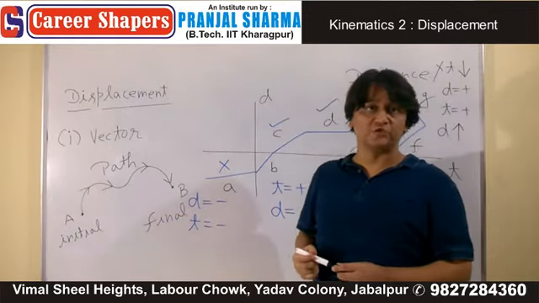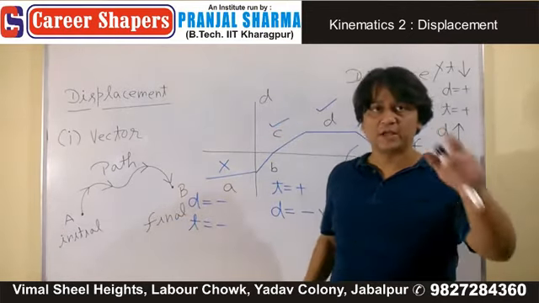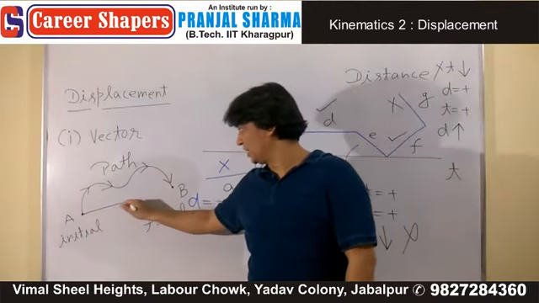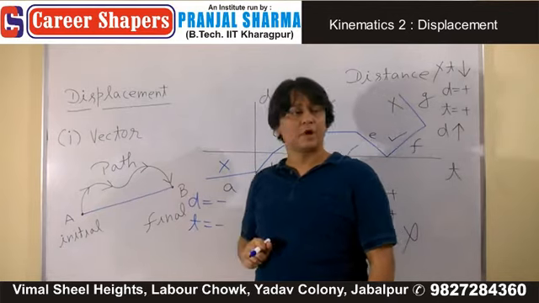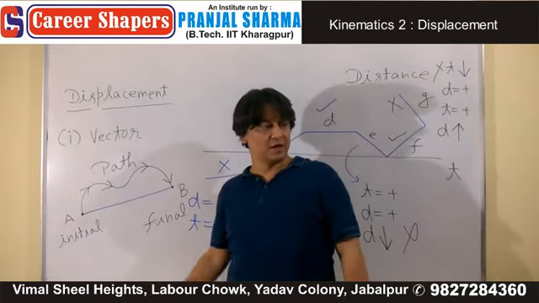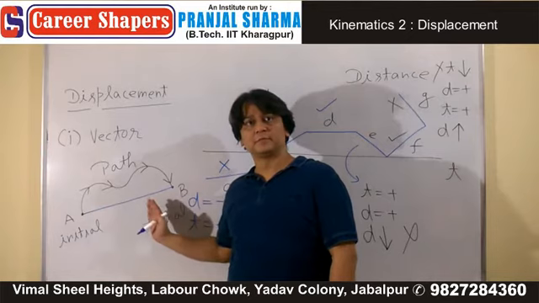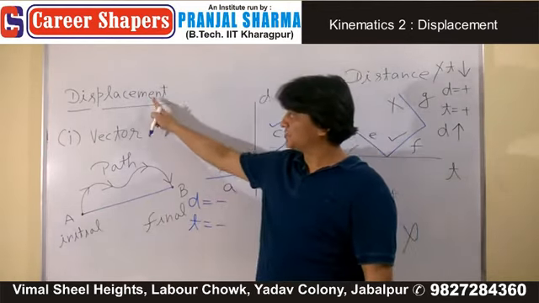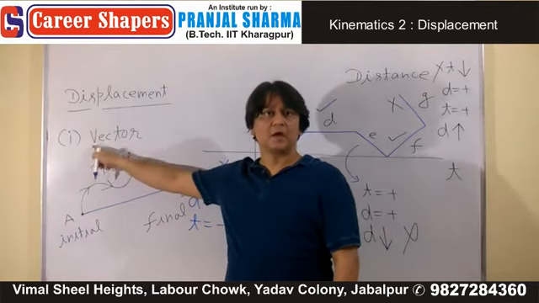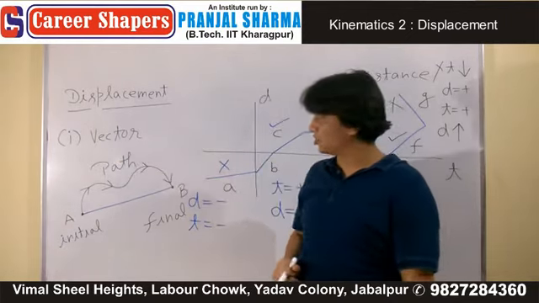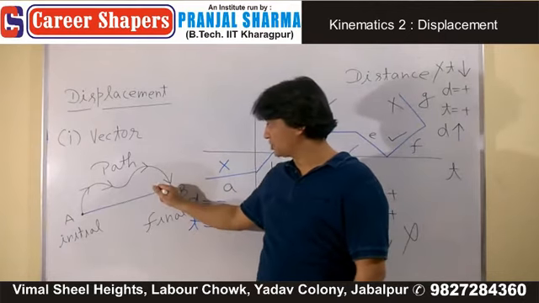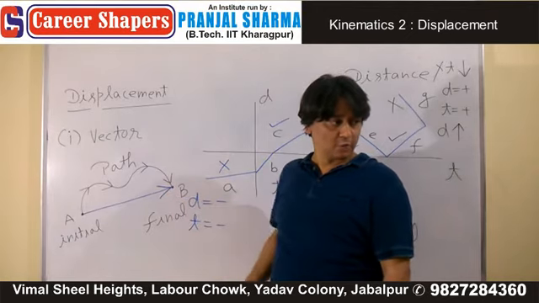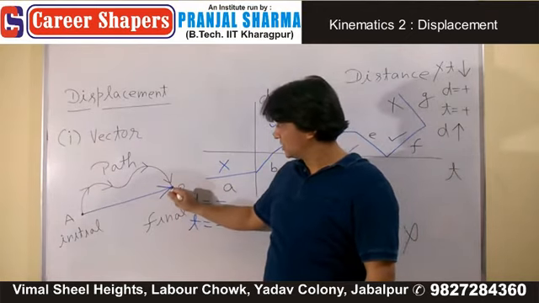Then displacement is the shortest distance between A and B. But now look at this part. Displacement is a vector, and a vector also has direction. That direction is shown by this arrowhead.